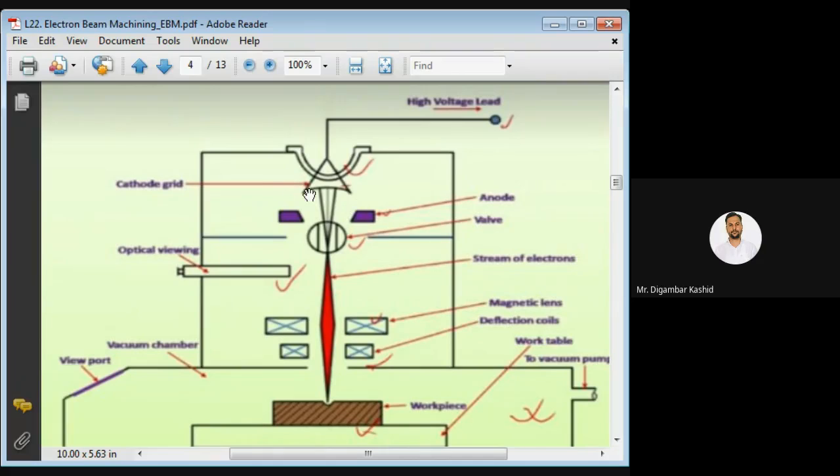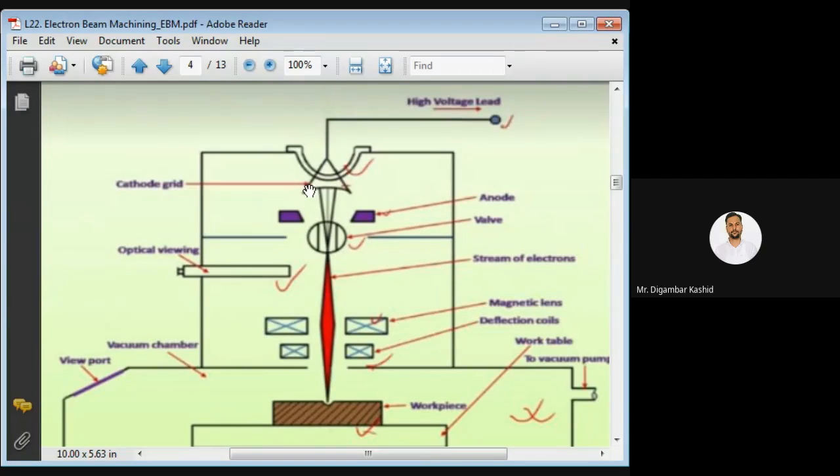Now we can see here is the cathode grid. In this thermal type of electron beam machining, the cathode is heated to a very high temperature. So this stream of a large number of electrons comes out as a small diameter beam, that is the electron beam.